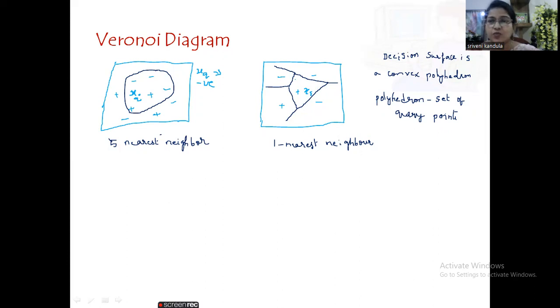Whenever we follow this kind of visual representation, it is called a Voronoi diagram. We can use this for KNN classification in the case of a discrete-valued target function. For the continuous case also you can follow this with little modification.